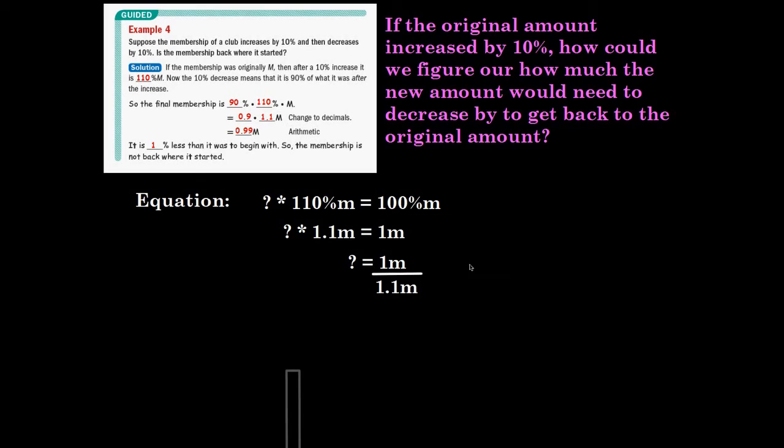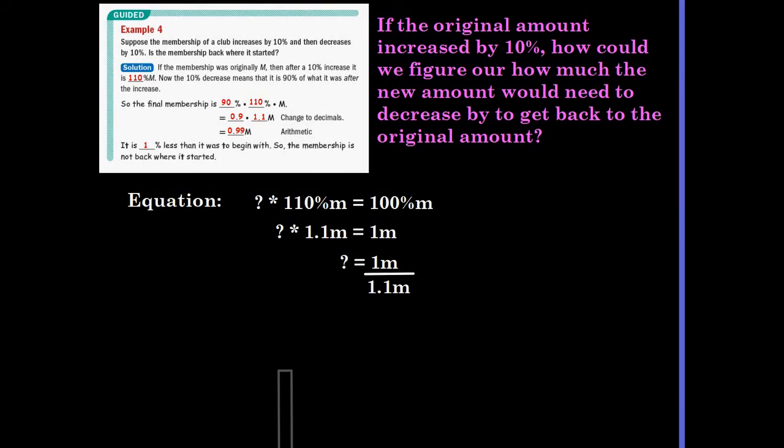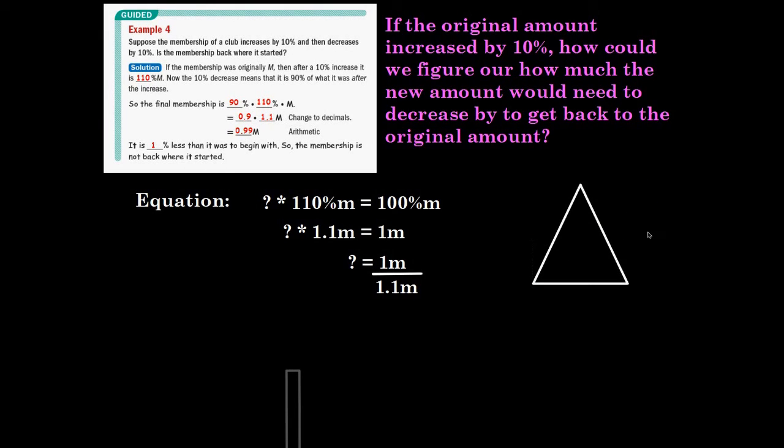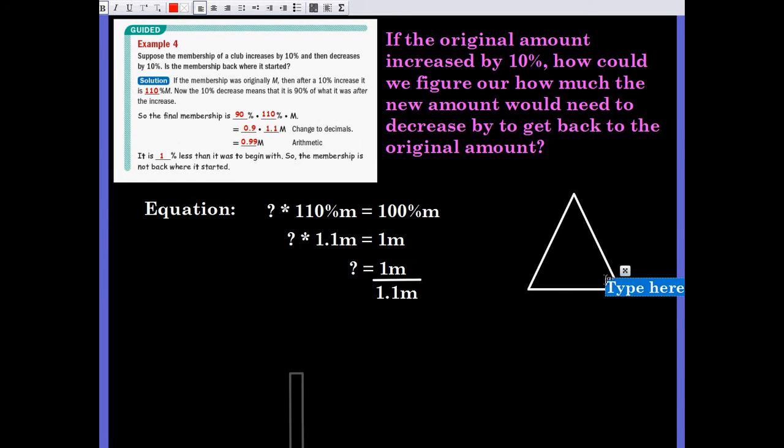Now, if this is still confusing you, the figuring out what you divide both sides by, you can also use your fact family information. So remember, if you were to have a fact triangle like this, and you were to put, let's see, your unknown amount here and your 1.1, because the unknown amount times 1.1 equals 1.